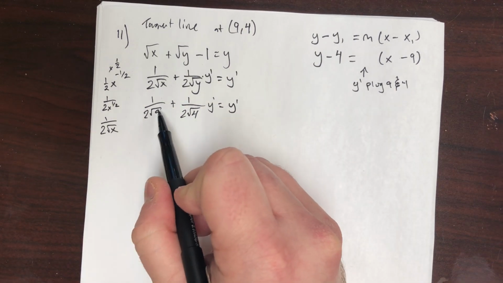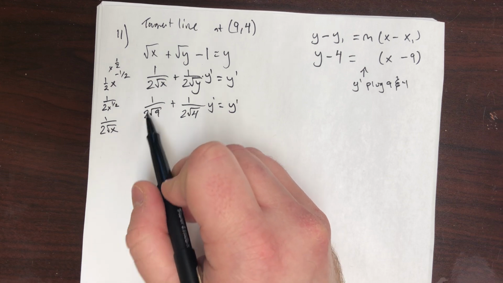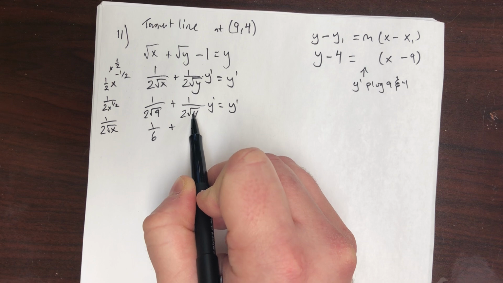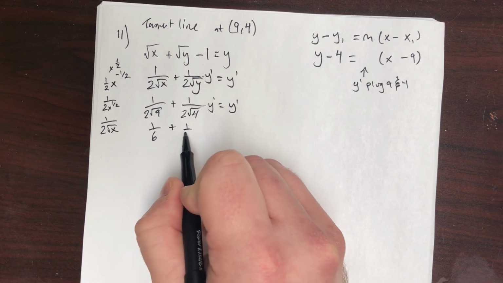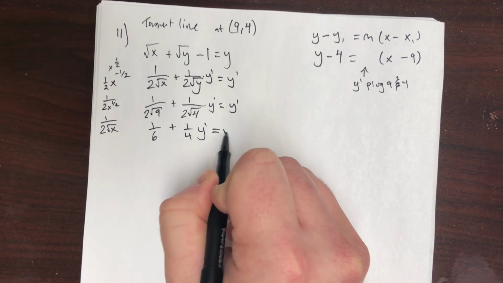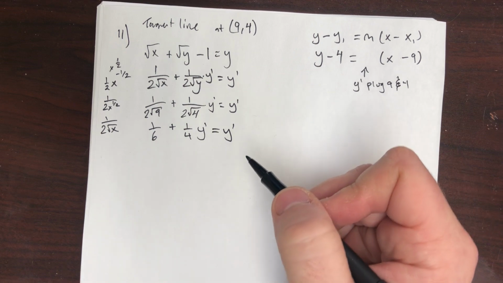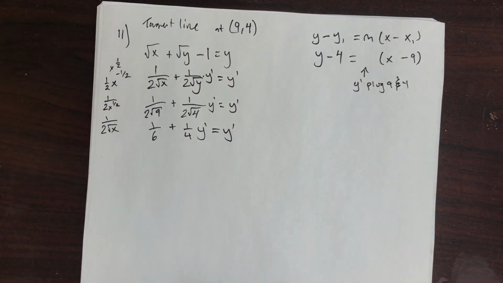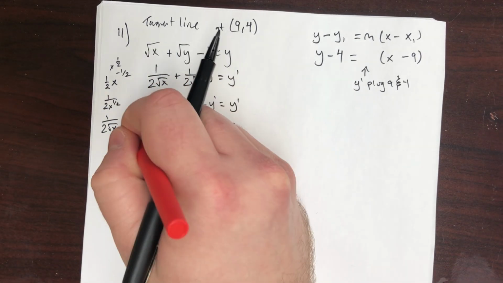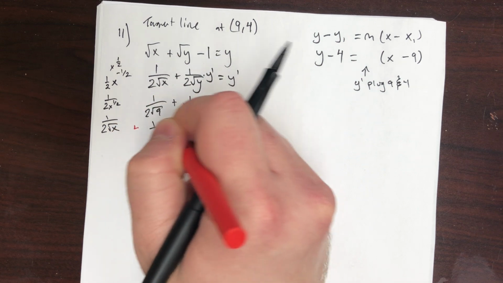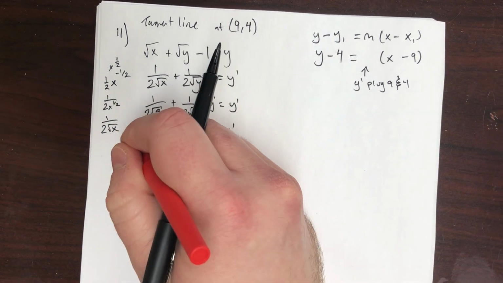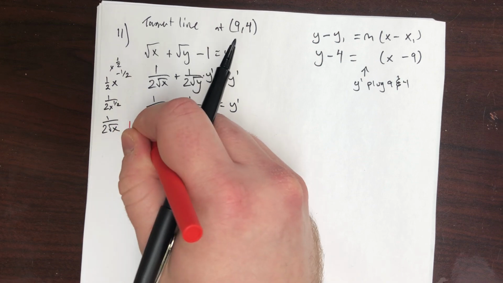So 2 root 9, root 9 is 3, right? So this is 2 times 3, so this is really 1 over 6. And root 4 is 2, so it's 2 times 2, 1 over 4. Little trick here to clear out fractions: multiply both sides of the equation by a convenient number that 6 and 4 both go into, which is 12.